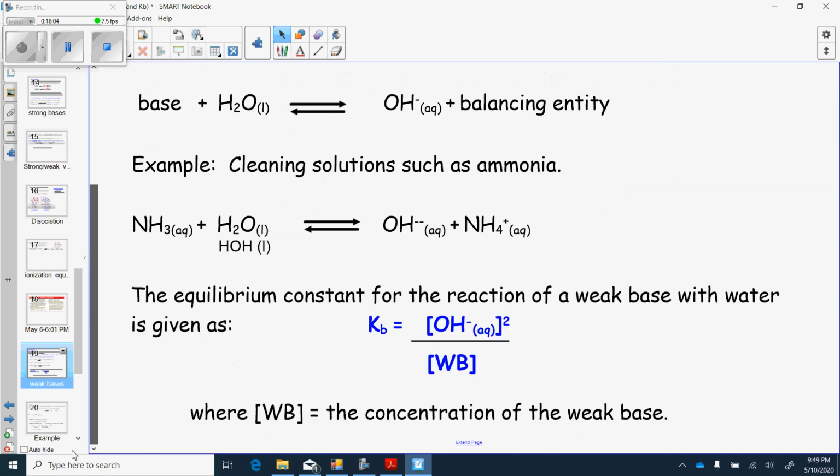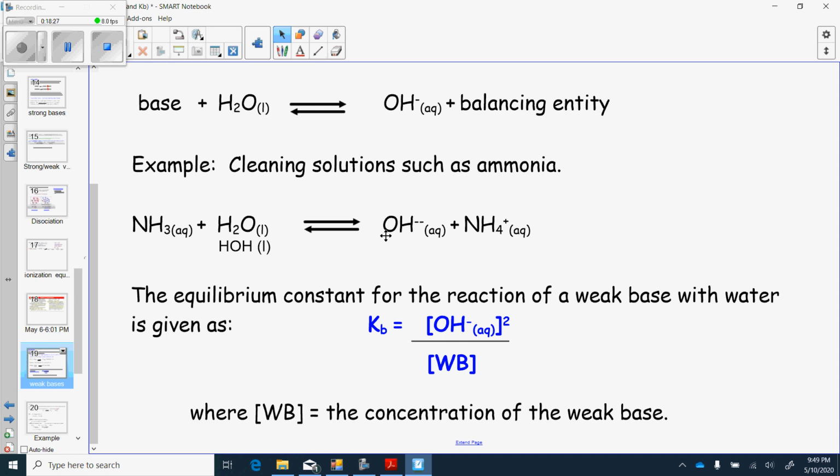This formula hopefully looks familiar. It's for Kb now instead of Ka. So we only have to change up a couple things. With Ka, it's all about the H plus, because we're talking about acids. With Kb, it's all about the OH negative, because we're talking about bases. So we will need to know that OH concentration, and we're going to square it. Why? Because it's always a 1-to-1.